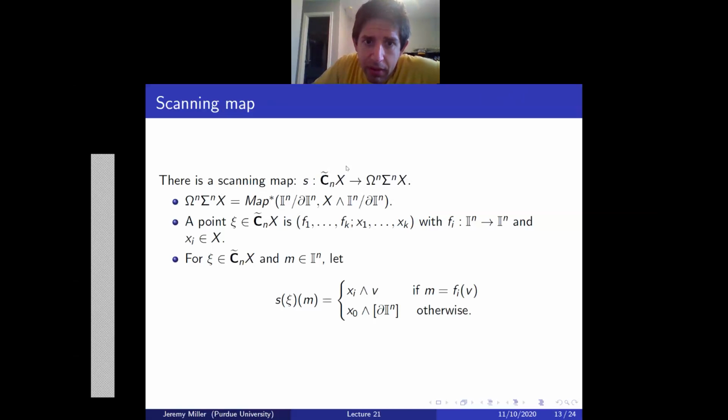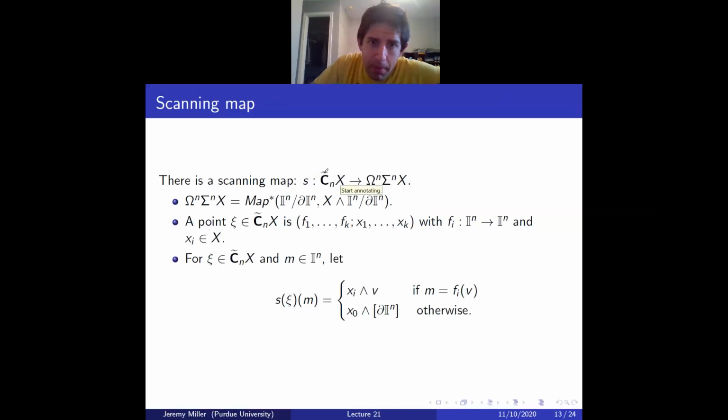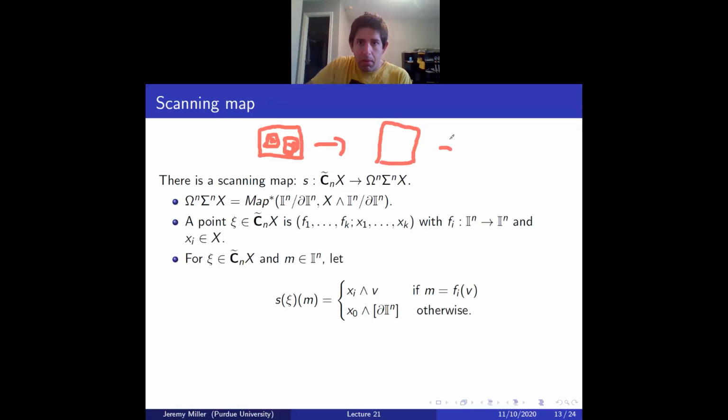But just as a map of spaces, it's going to be a map like this. Given some cubes labeled by points in X, we need a function from a cube into the suspension on X.